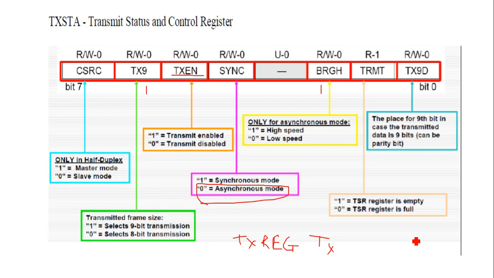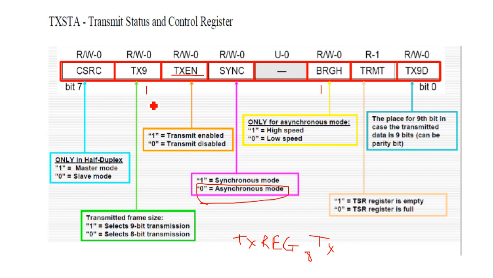The same thing applies to transmission and reception. The TX pin has its own register, TXREG. It is from the SFR. How many bits is it? It is 8 bit. If I want to transmit 9-bit data, what happens?